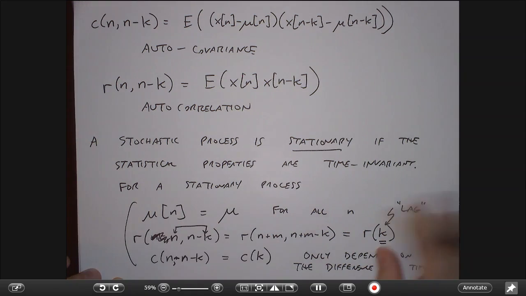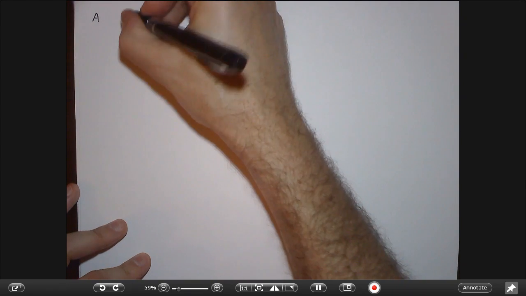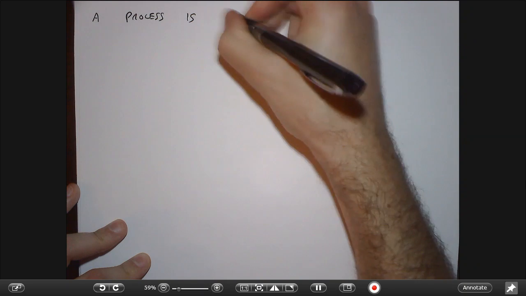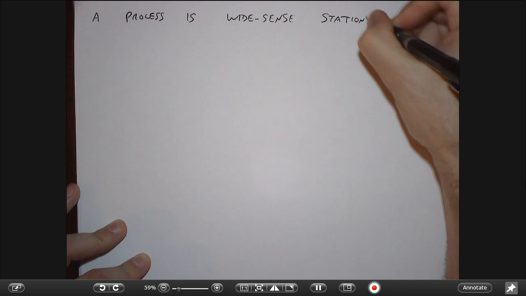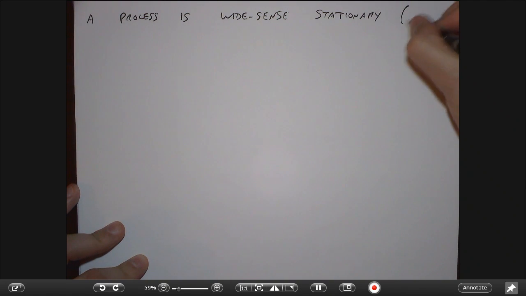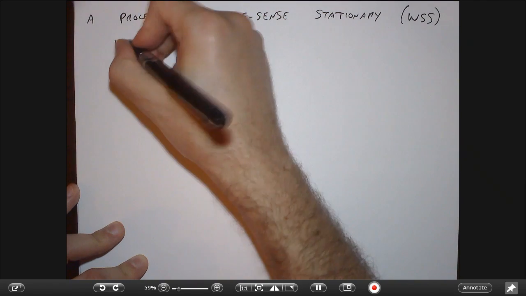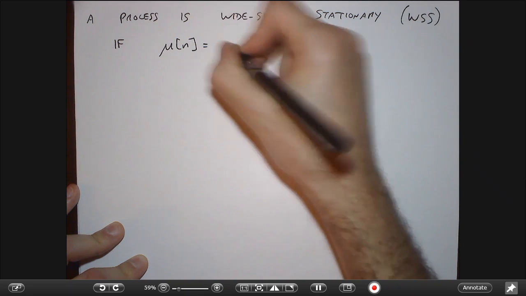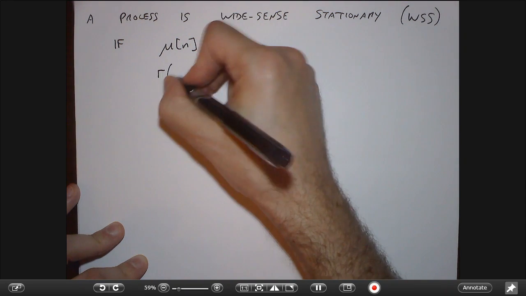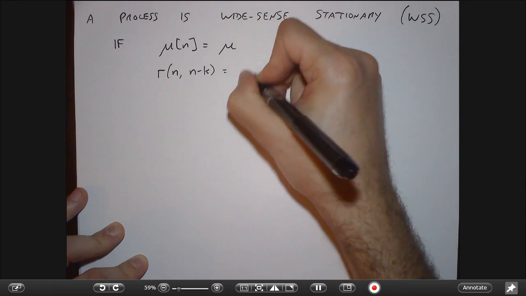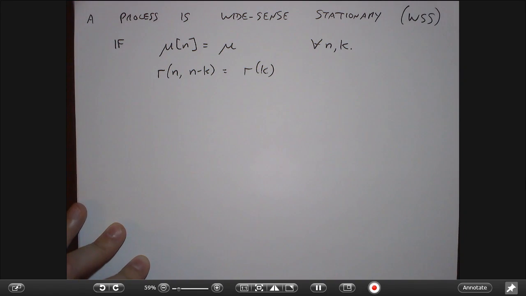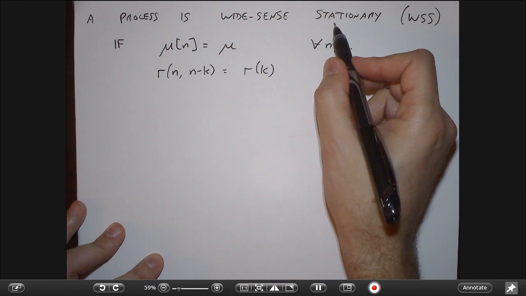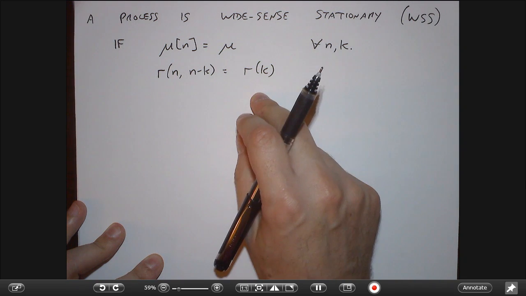But these two conditions in particular, so let me just say that a process is what's called wide sense stationary, which you sometimes see abbreviated as WSS, if basically the second order things are true. If this is true and this is true, right? So a process can be wide sense stationary, but not fully stationary, but this is usually good for us.